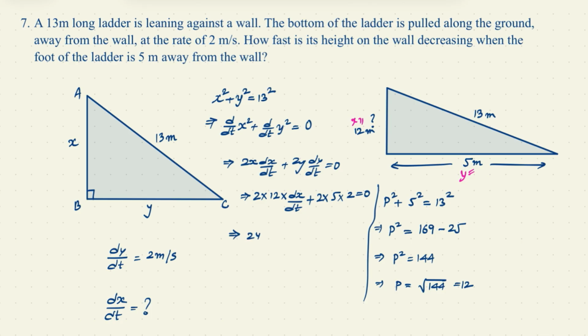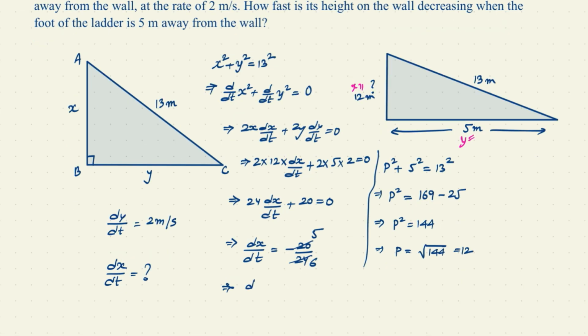It will be 24 dx over dt plus 2 fives are 10, 10 twos are 20, equals 0, and the value of dx over dt will be equal to minus 20 over 24. So here 4 fives are 20, 4 sixes are 24. So this implies dx over dt equals minus 5 over 6.